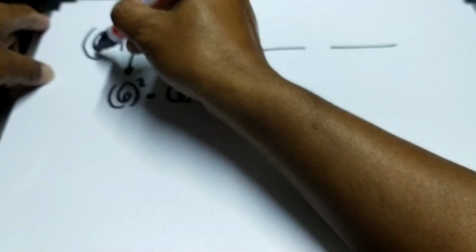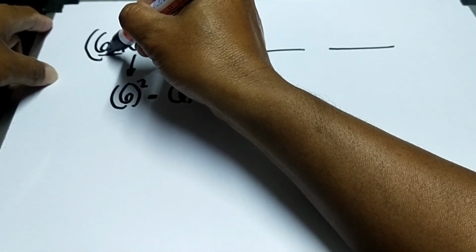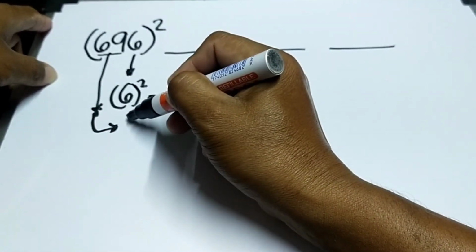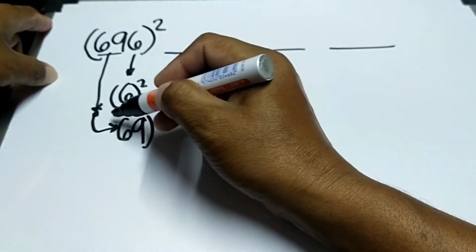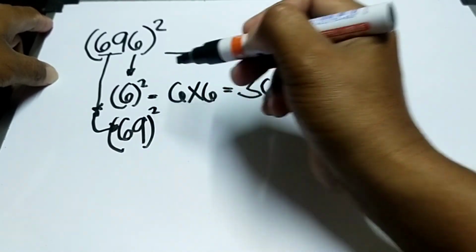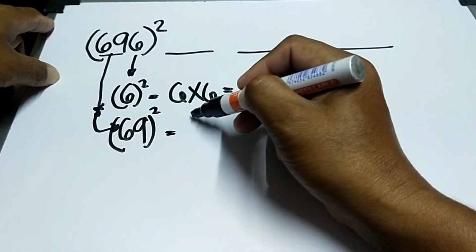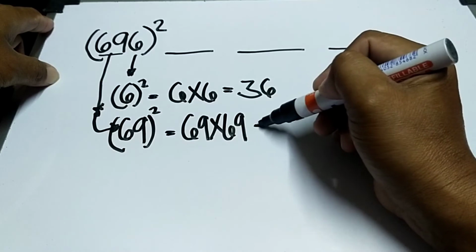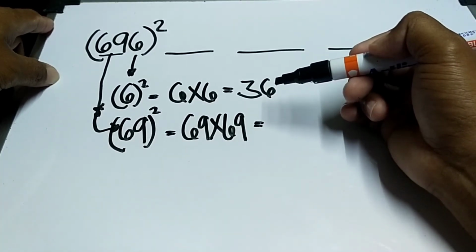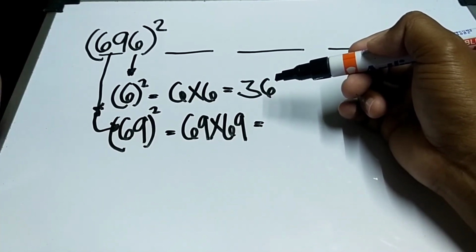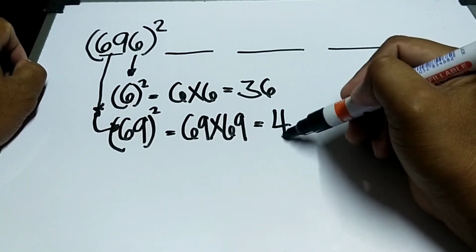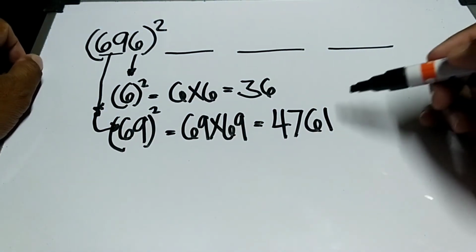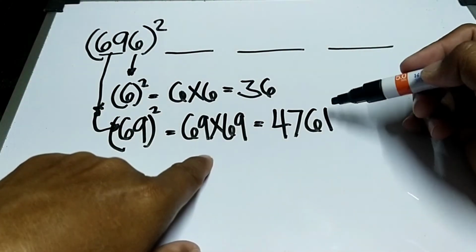Okay. And then, square also this 69 squared is equals to 69 times 69 is equals to 4761. Okay, did you get the same answer, guys? Okay, very good.